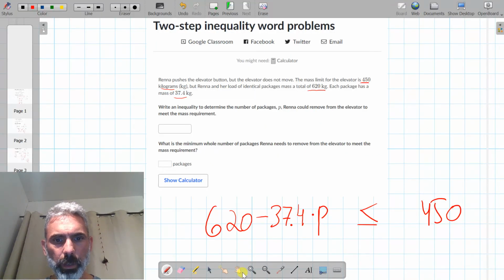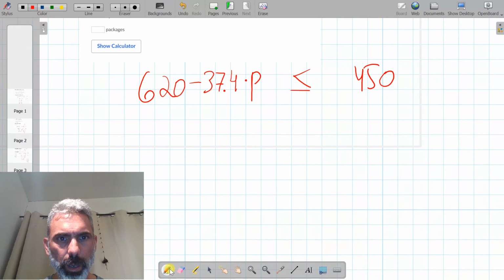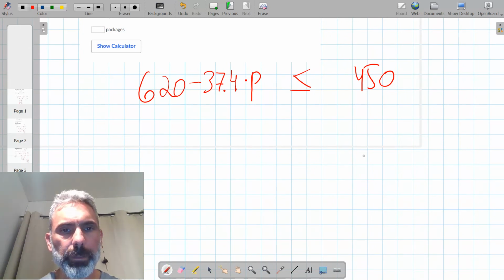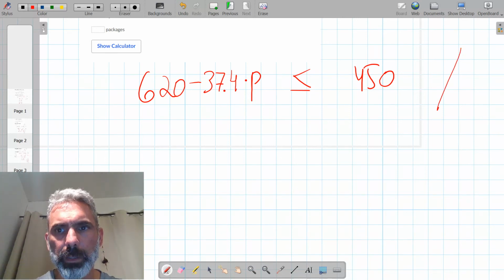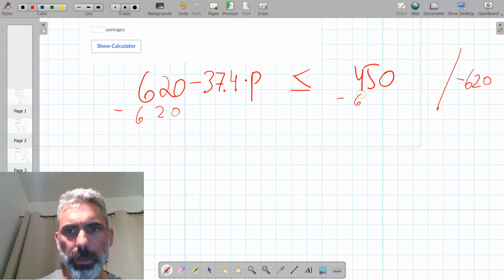Okay, so first I will subtract 620 from both sides of the inequality.